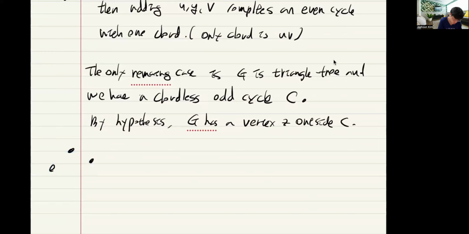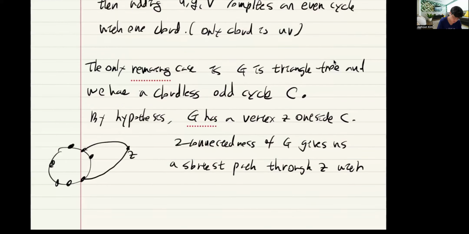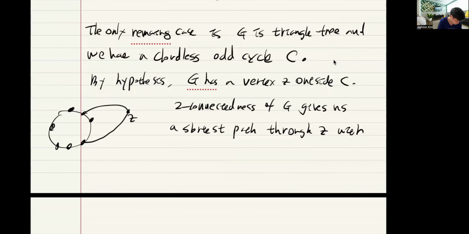You have an odd cycle, you have this vertex. Now two-connectedness of G gives us a shortest path through it. So we can find again a path here with the endpoints A and B.